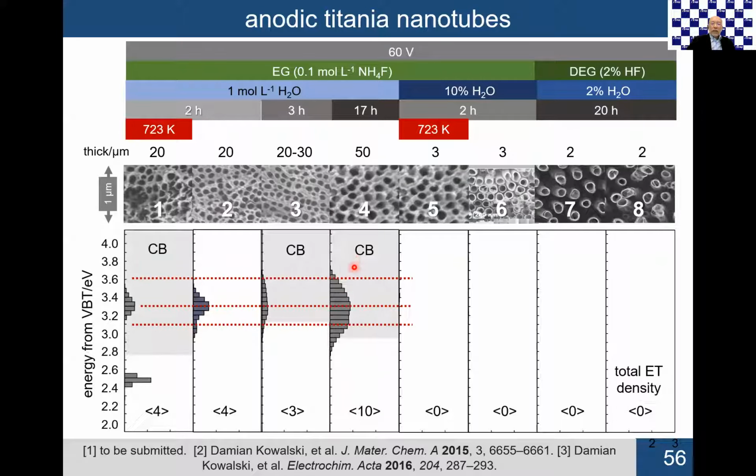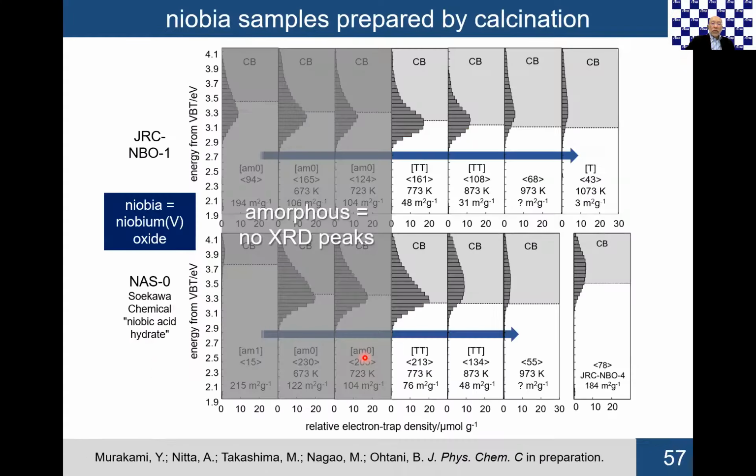And this part is a bit different amorphous structure. Actually, we are now trying to understand the meaning of this ERDT pattern. However, this is only one example of characterization of anodic titanium nanotubes.